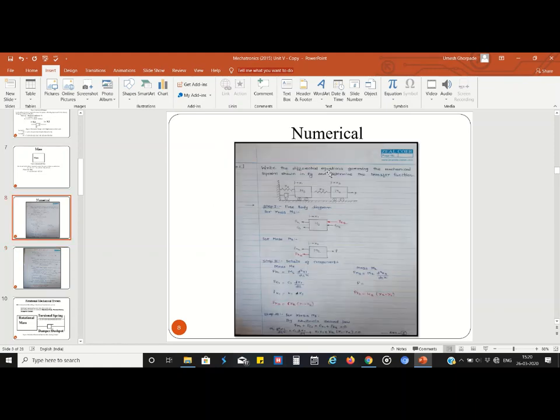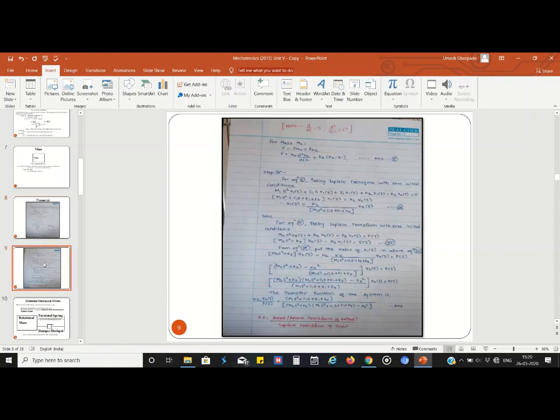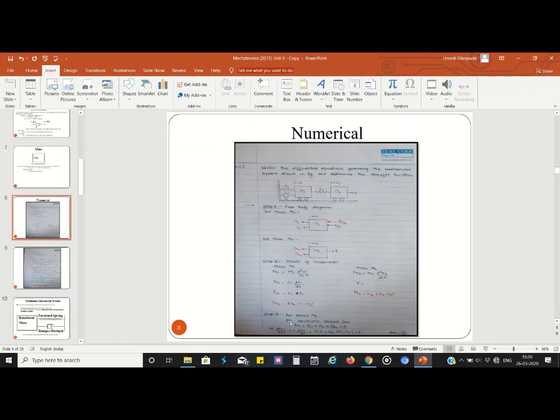Next we have to determine the transfer function. For the transfer function we require the Laplace transform. For equation 1 we take the Laplace transform with zero initial conditions. So d by dt is notation s and d square by dt square is s square. This is the first equation.